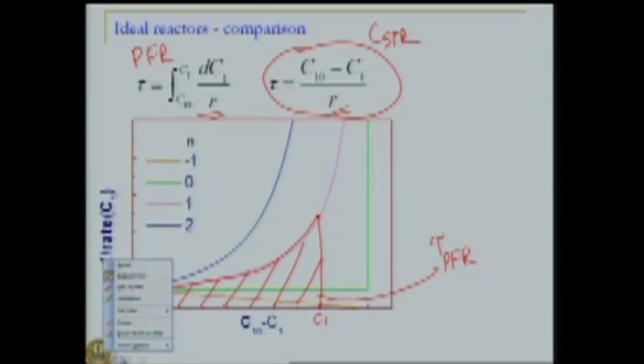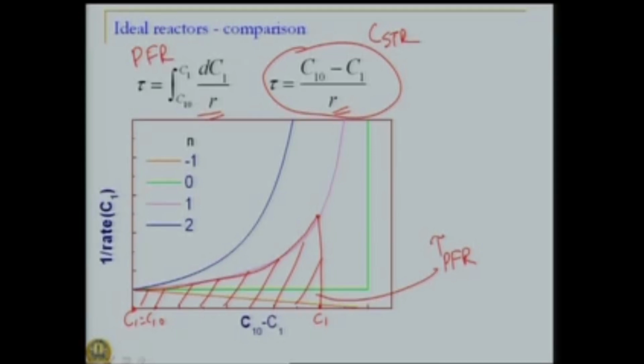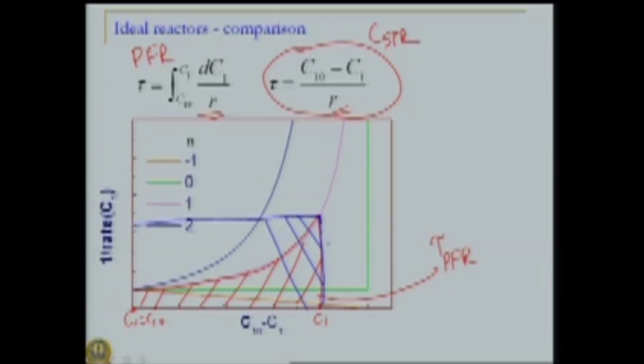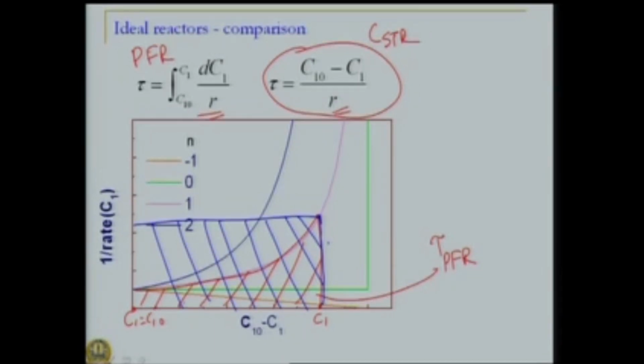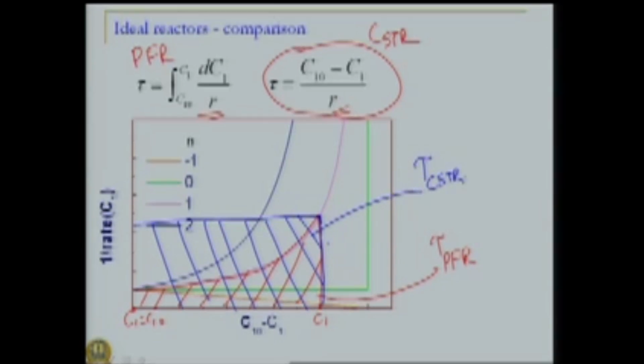So, for a stirred tank reactor, this particular value, which is nothing but 1 over R at C1 multiplied by C10 minus C1, is the area of this rectangle, and it is the residence time for the CSTR.